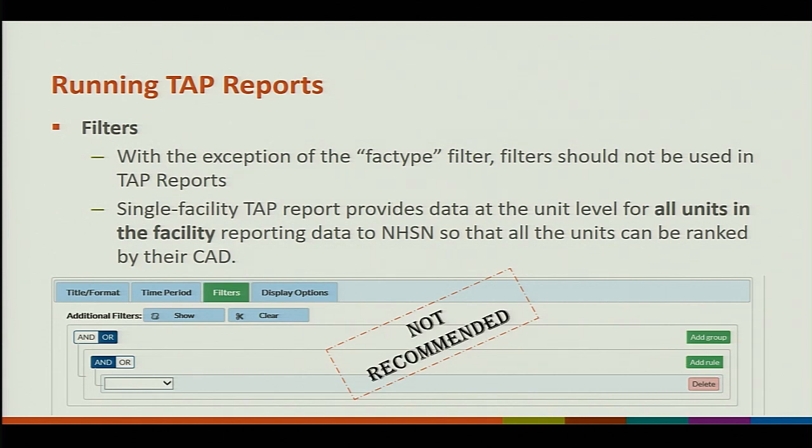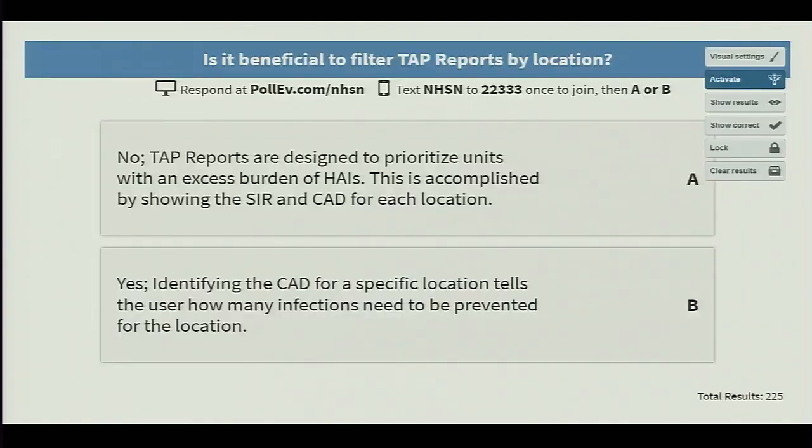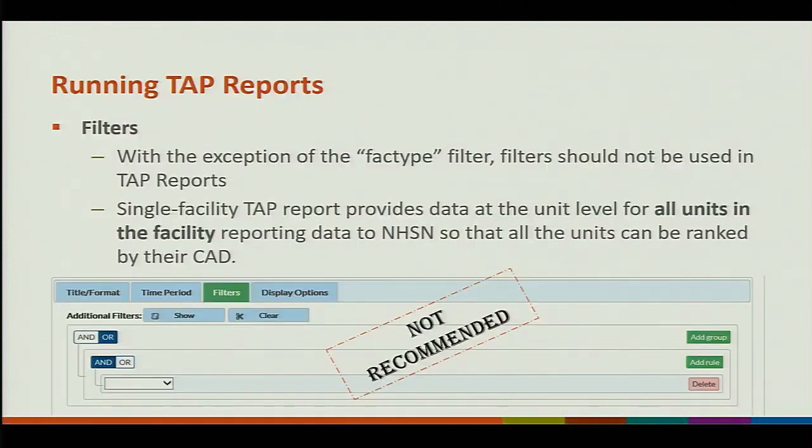I'm going to assume 100% correct answers on that question, and the correct answer is actually no. The purpose of the TAP report is that we want to be able to rank all of our locations. We want to see ICUs, wards, oncology, all of your locations together, so that we see where your burden of infection lies.